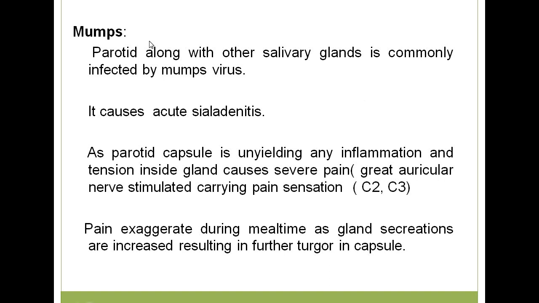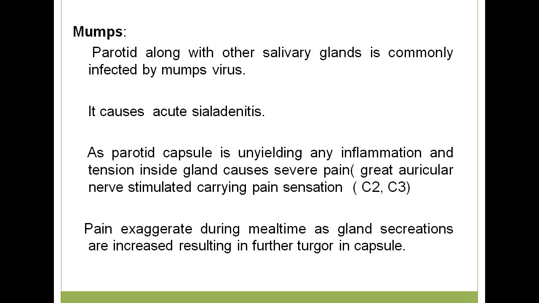So in case of parotid adenitis, which may be because of viral mumps, the parotid along with other salivary glands are infected by the mumps virus and it causes acute parotid adenitis. As the parotid capsule is unyielding, that is, it cannot expand too much, any inflammation and tension inside the gland causes severe pain. This is because of the stimulation of the great auricular nerve, which carries the pain sensation, and its root value is C2, C3.